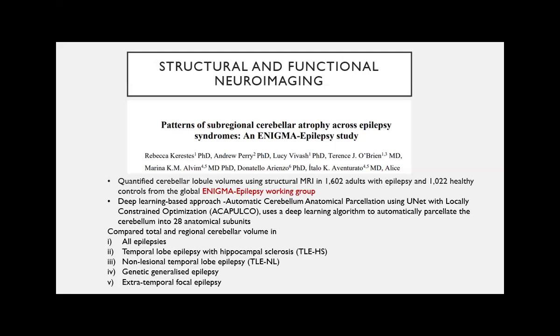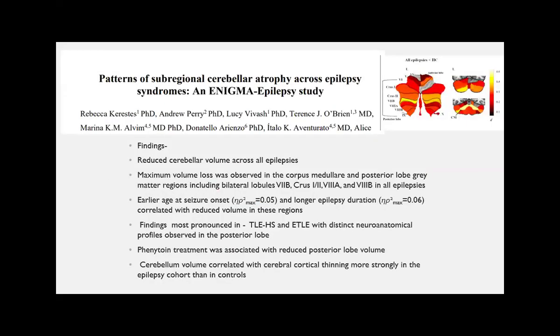They compared healthy controls with all epilepsies, temporal lobe epilepsy with hippocampal sclerosis, non-lesional temporal lobe epilepsy, genetic generalized epilepsy, and extratemporal focal epilepsies. Finally, they found that reduced cerebellar volume was found across all epilepsies. Maximum volume loss in all epilepsies was found in the corpus medullare and the posterior lobe gray matter regions, including lobules VIIB, Crus I, II, and VIIIA and VIIIB.